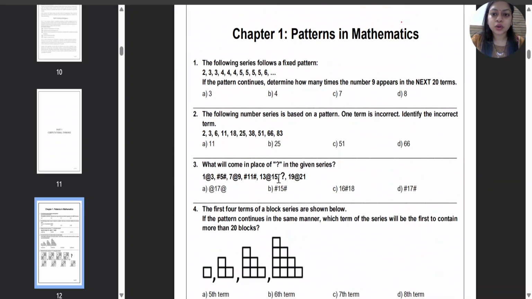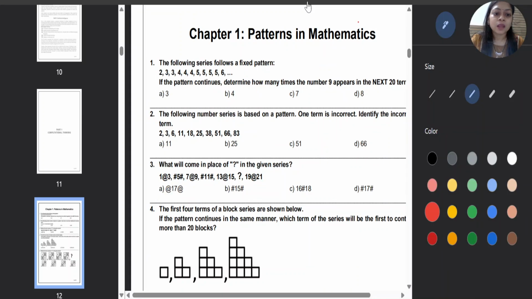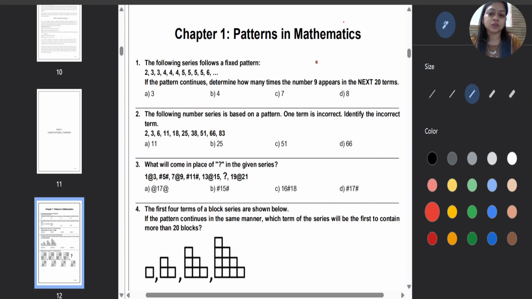So this is basically your first chapter, where in CT you will get it. As the first question goes, you are given the following series and you have to find the answer. How many times will the 9 appear in the next terms?